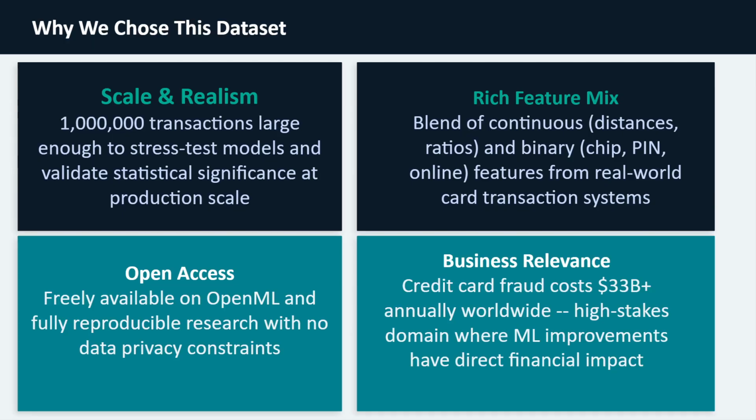It has the rich features that we need, such as continuous features like distance and ratio, and binary features like whether it has a chip, has a PIN, or is online, which is similar to a real-world card transaction system. Besides that, it's an open dataset, fully free on the open machine learning website, and fully reproducible research with no data privacy constraints.